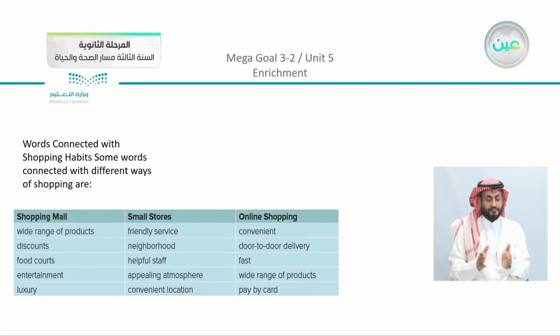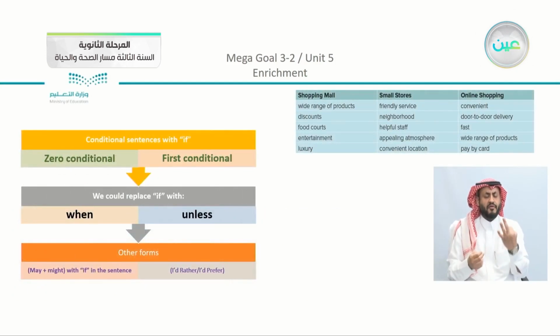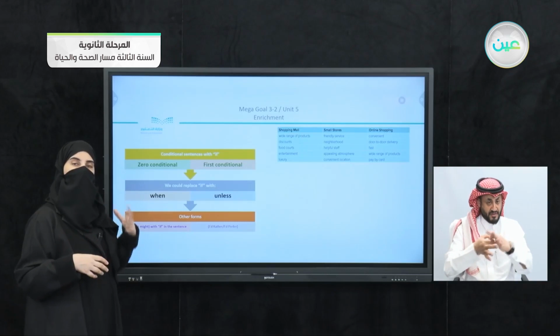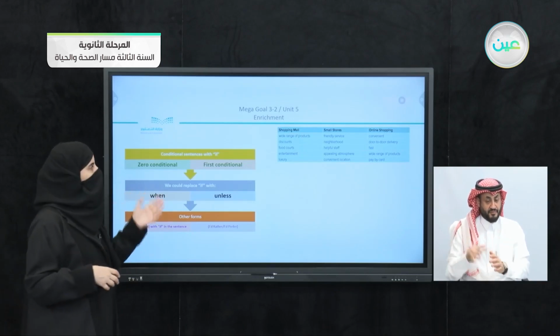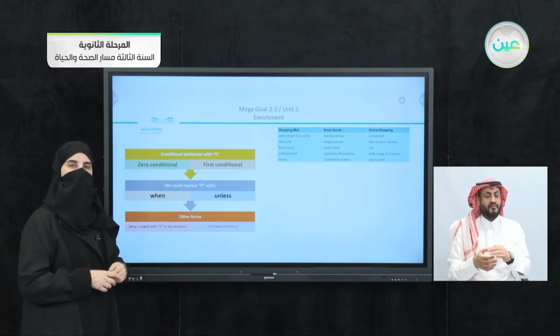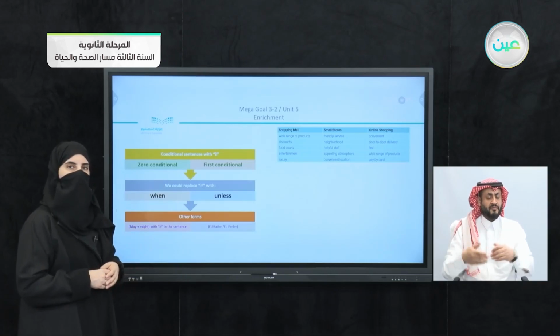Now, the last part of the form, meaning, and function that we studied throughout the unit was the words connected with shopping habits. Now we have shopping malls, small stores, or online shopping, and different words that were connected. We studied many examples, and at the very end there was some kind of relation between the conditional sentences and the words connected to shopping malls and stores in general.